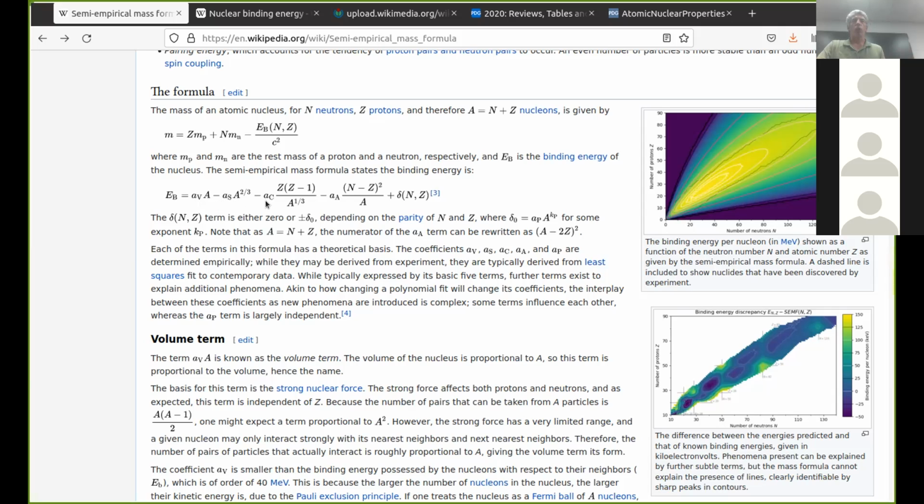Then I have the Coulomb term. Well, what does that look like? We know that each nucleus repels, any one of them repels each of the other ones, right? So if I have one of them, it repels Z-1 other nuclei, and each one does that, so it's Z times Z-1.